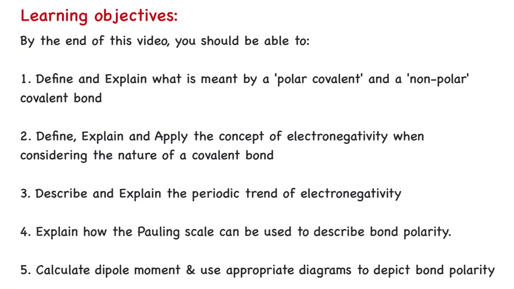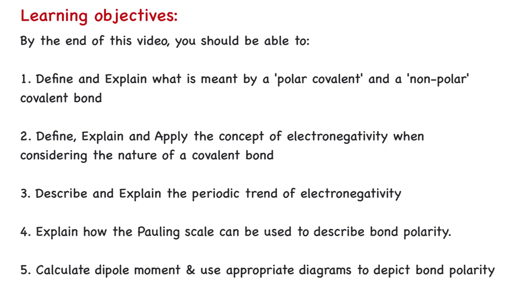Hello everyone. In this video, we will learn to: 1. Define and explain what is meant by a polar covalent and a non-polar covalent bond. 2. Define, explain and apply the concept of electronegativity when considering the nature of a covalent bond. 3.